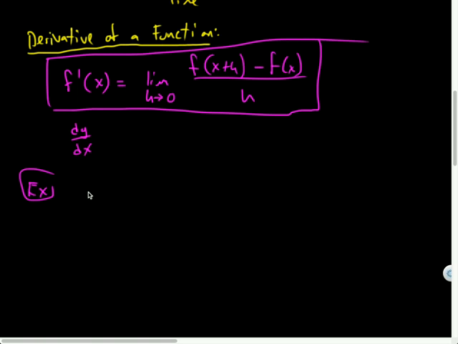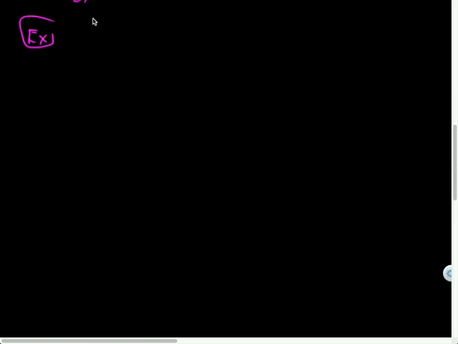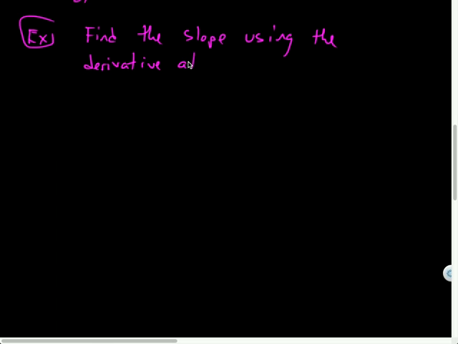So let's say I wanted to find the slope using the derivative, and I'll say at x equals 2 or something like that.